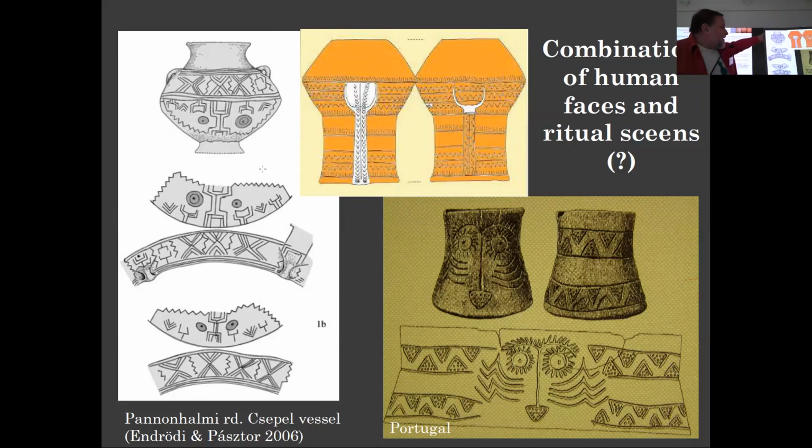So this is the tree of life, or the horns, connected with the ceremonial pot from Szigetszentmiklós, and then also the Csepel, very exceptional pot, which Andrea Di Anna and Emilia Pastor have interpreted as a kind of person standing and praying.